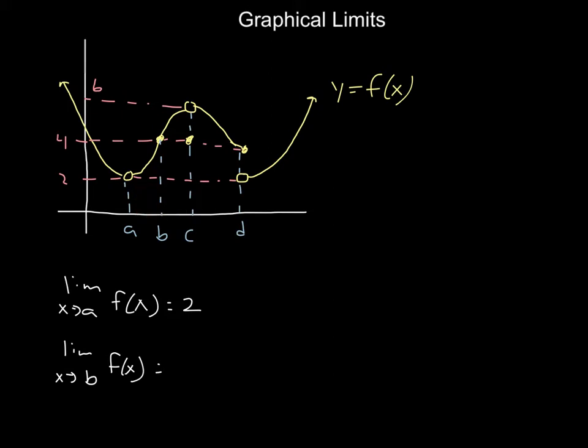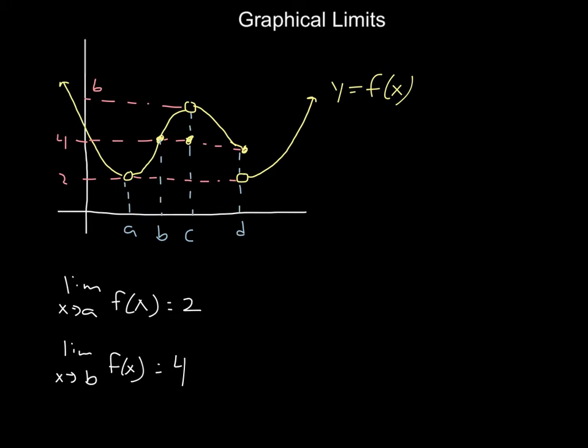If I come from the left, I'm traveling along the curve, and as I move closer and closer to b, my function values are getting closer to 4. As I come from the right, just off of b, I'm going to be traveling along this portion of the curve, and again, my function values are getting closer to 4, which also happens to be the function value at b. So in this case, that would be 4.